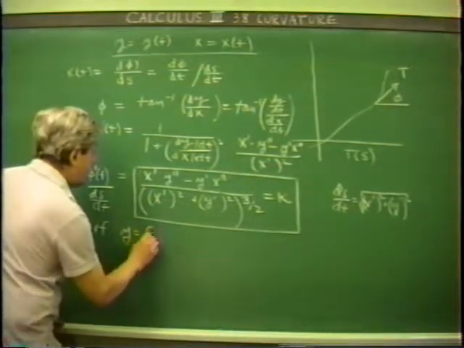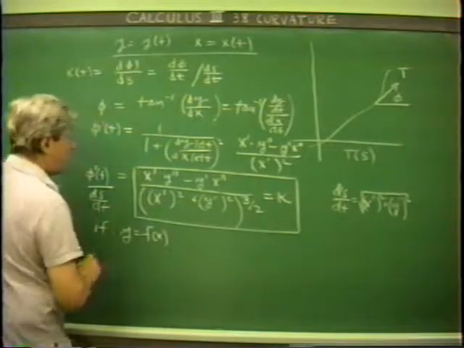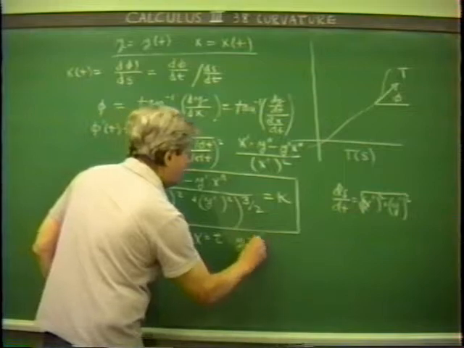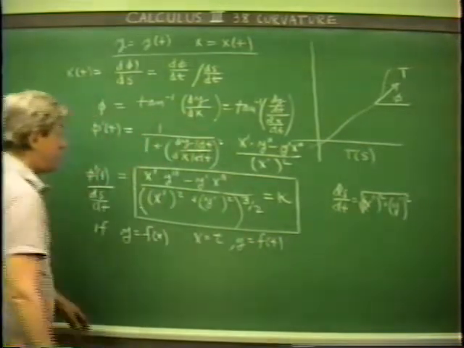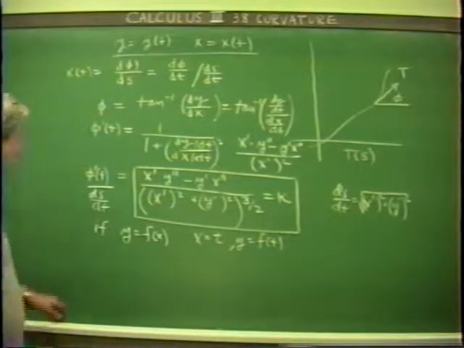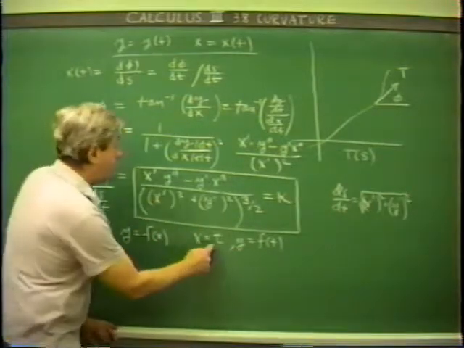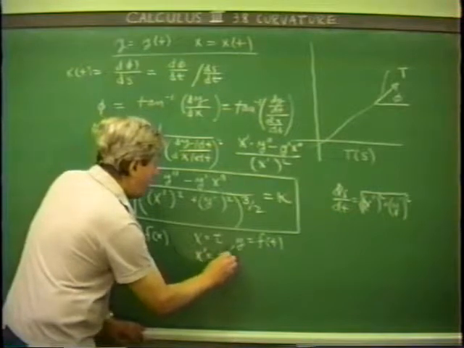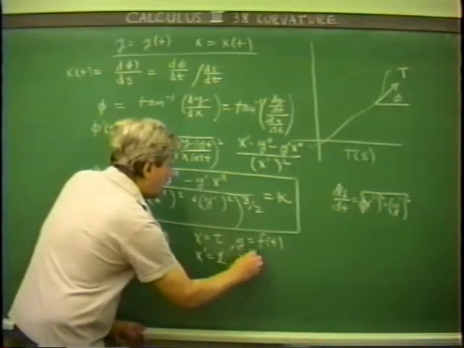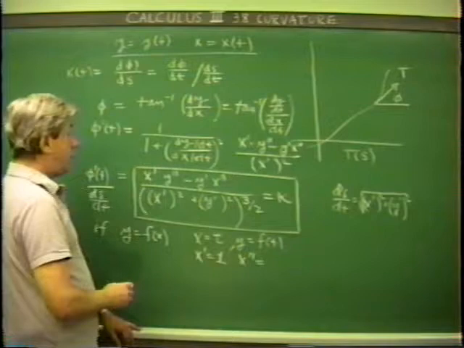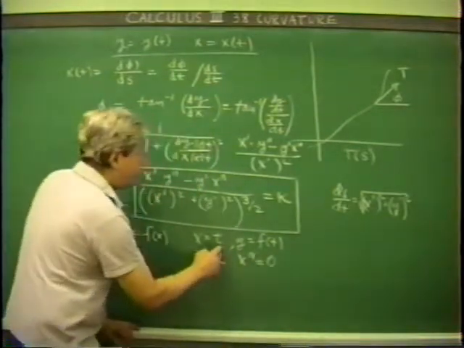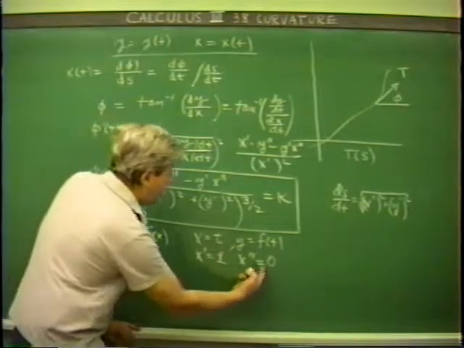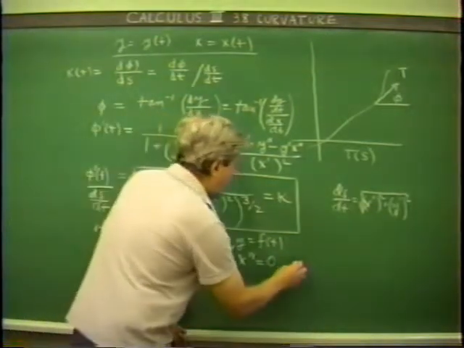Okay. Now, in the event that y is a function of x, that's to say we can let x equals t and y equals f of t be the parameterization. Then if x is equal to t, x prime is equal to 1, x double prime is equal to 0, the second derivative with respect to t.